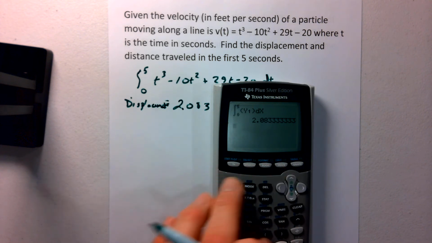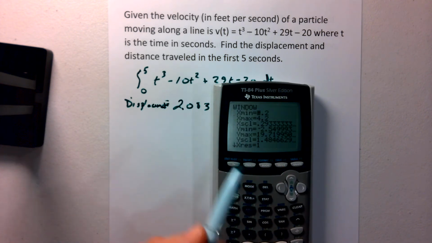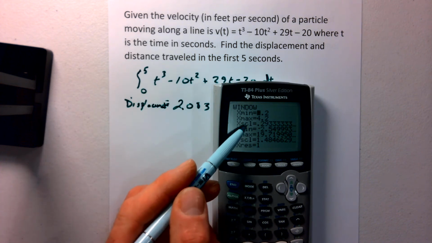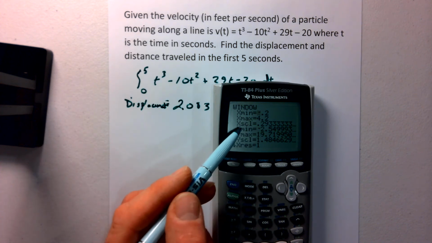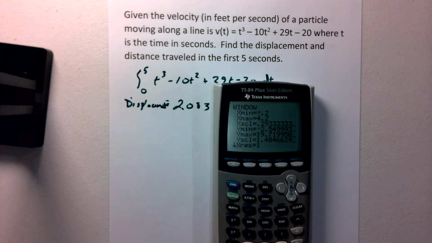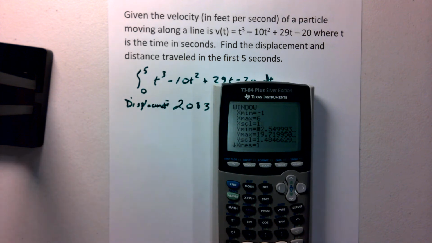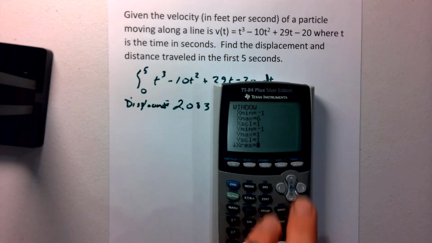So we're going to go ahead and graph this, and I'm going to graph it from 0 to 5 on my x-axis. And I'm really interested in where we cross the x-axis, so I'm going to change those y's as well. So I'm going to go from, say, -1 to 6, just so I can see those x values at a scale of 1. And again, I'm interested in where we cross the x-axis, so I'm going to make the y's very small, maybe a -1 to 1 at a scale of 1.